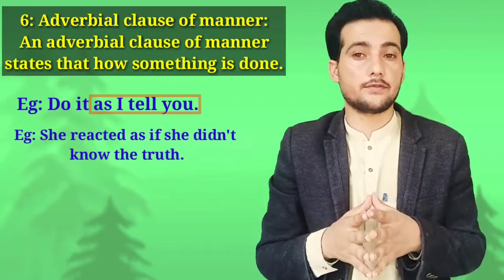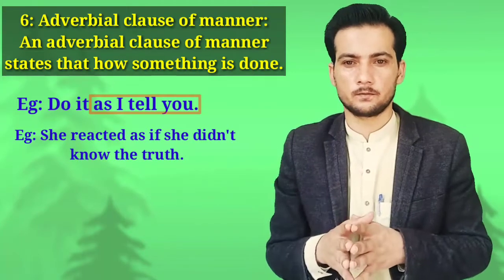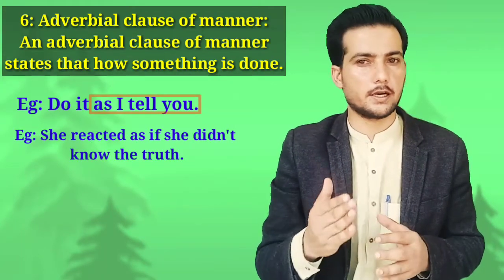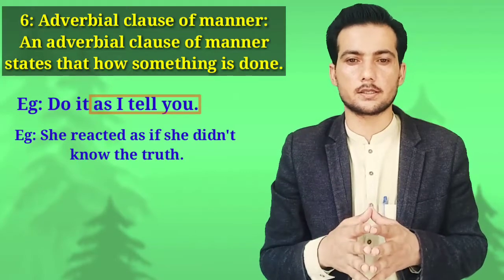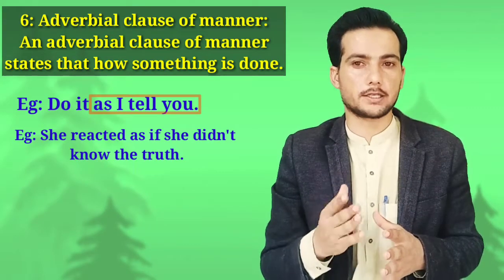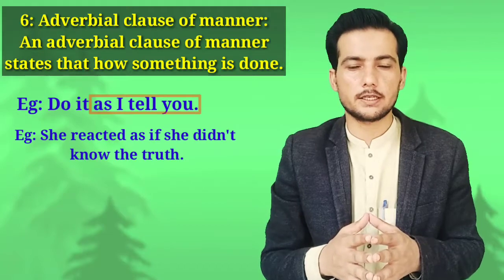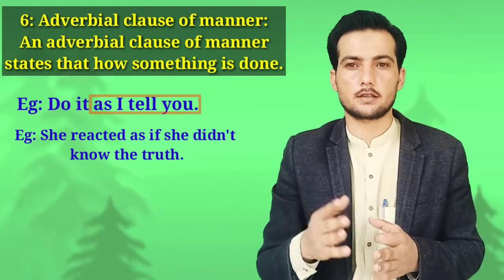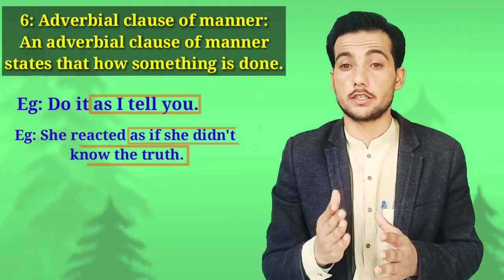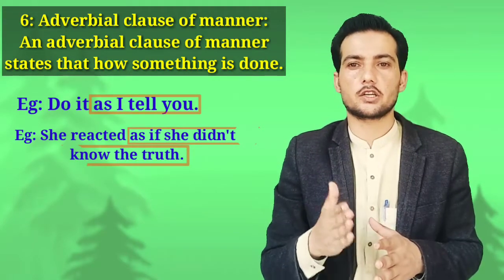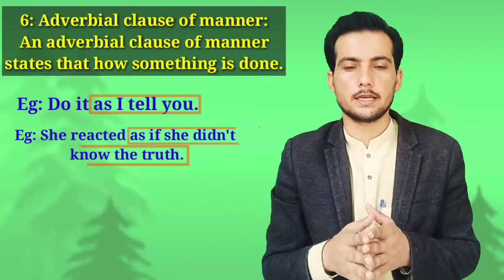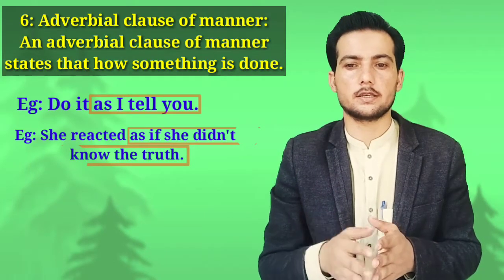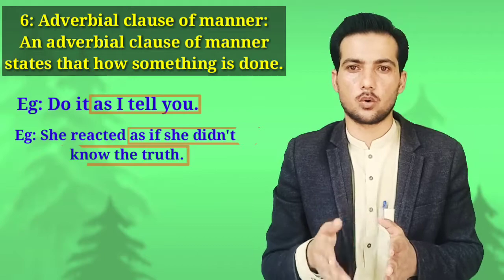She reacted as if she did not know the truth. If you analyze this sentence, it also consists of two clauses. The first one, "she reacted," is a main clause. The next clause is "as if she did not know the truth." It starts with the subordinating conjunction "as if," and consists of a subject and a verb.